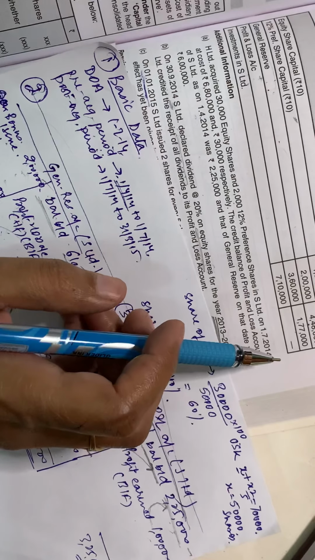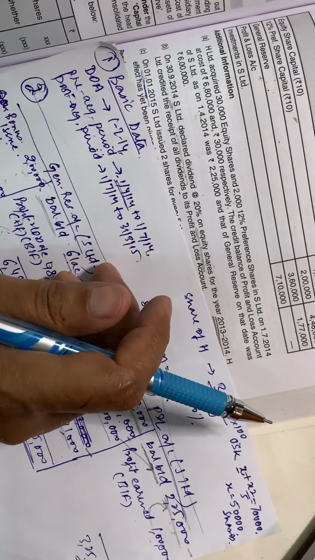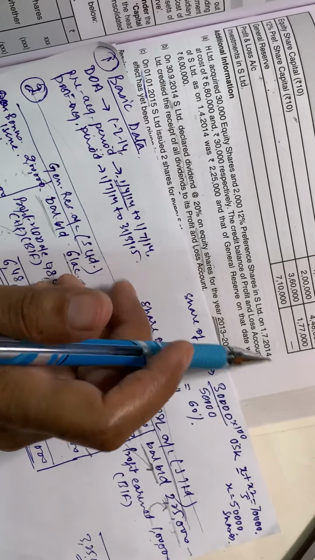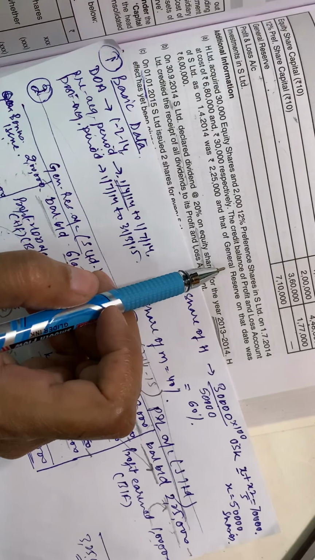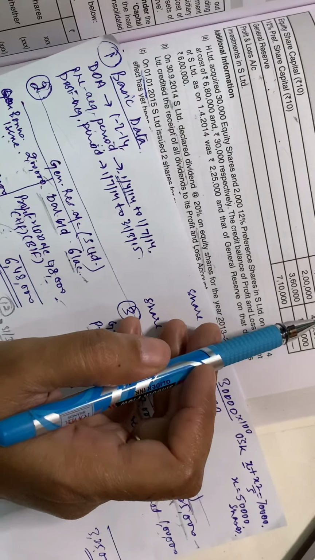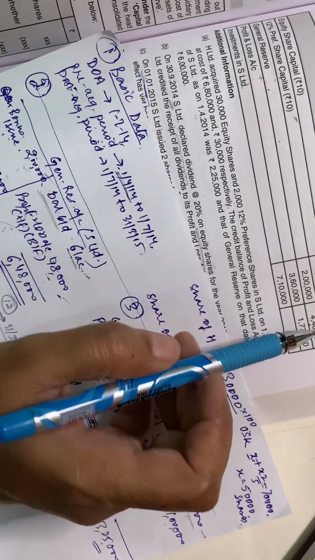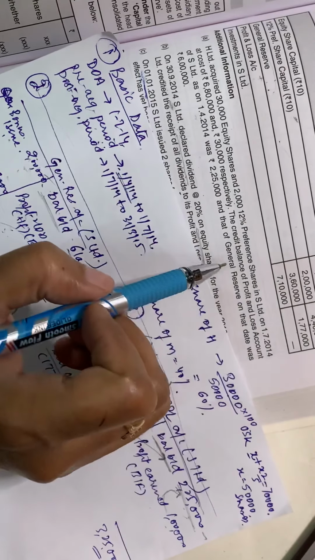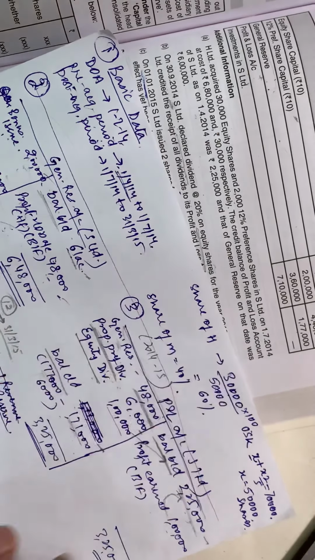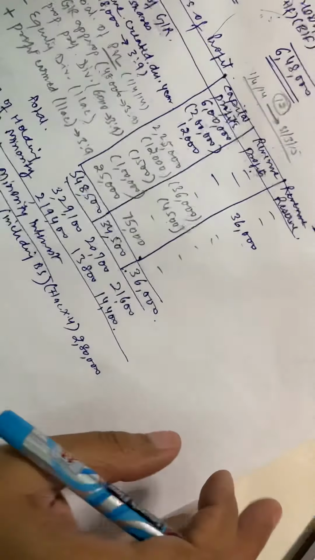Now H has got only 2,000, and the total is 50,000. So 2,000 into 10 rupees per share, and therefore you have 30,000 belonging to the minority.